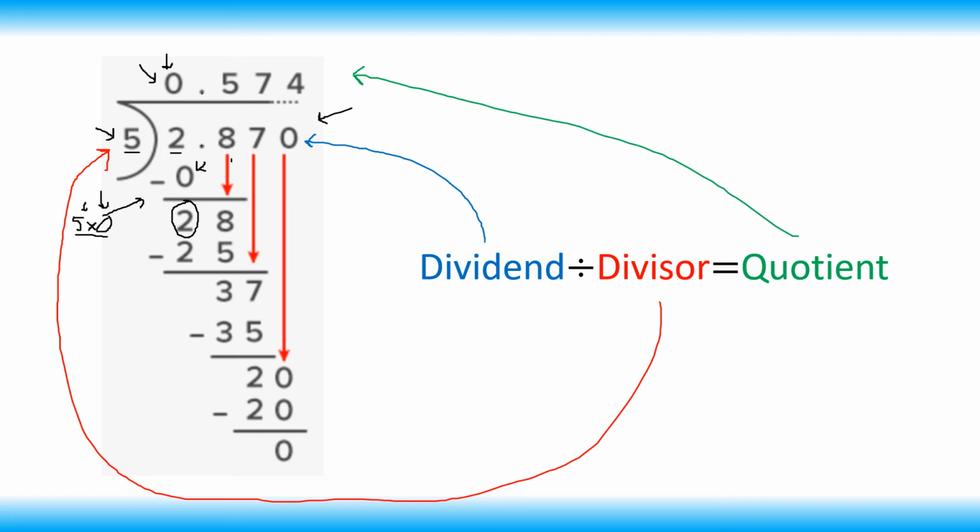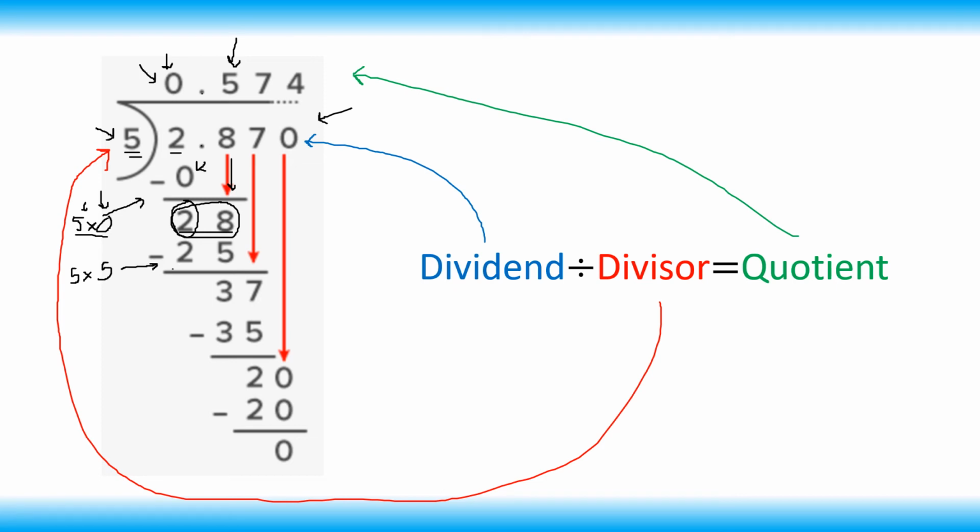Then we bring down this 8. So now this becomes a 28 right here. And then we ask ourselves, how many times does 5 go into 28? And we get that it goes into 28 5 times. So we write that 5 up there. We do the multiplication. 5 times 5 equals 25.